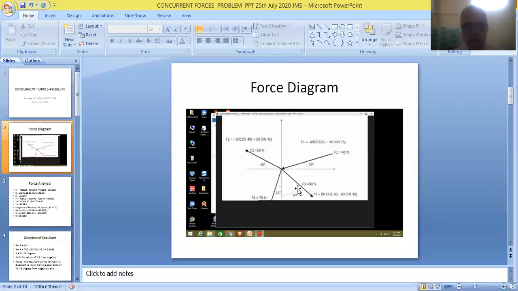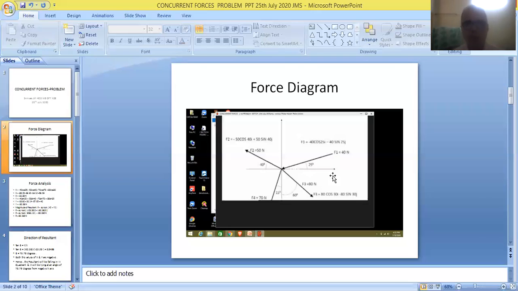So F indicates the force acting on the body, and numerical suffixes are used for indicating the various forces.